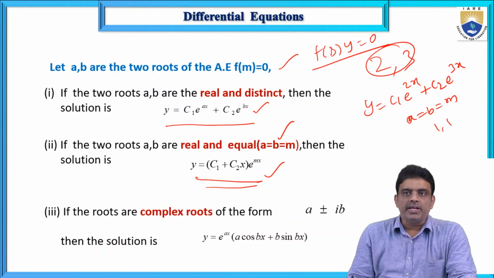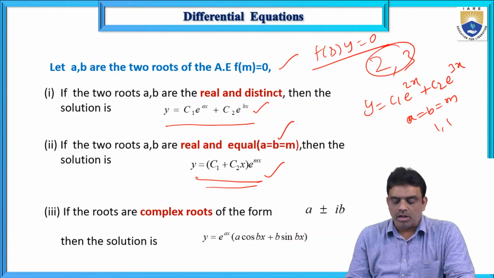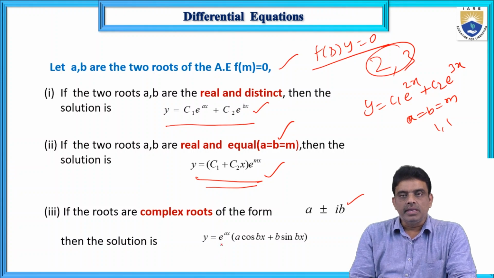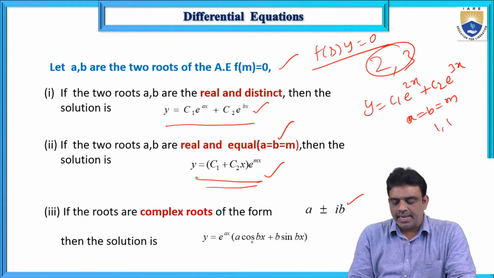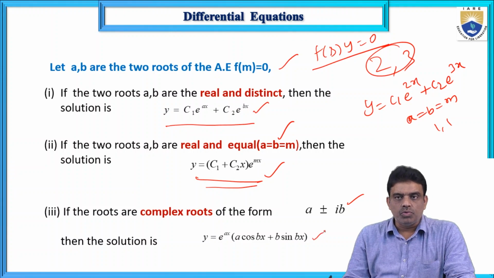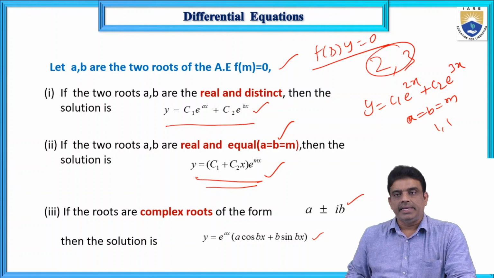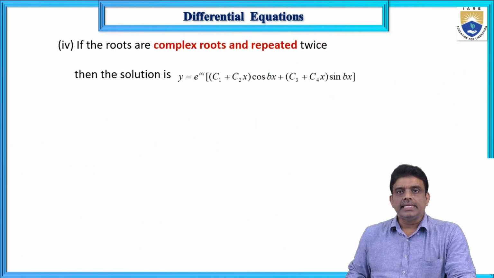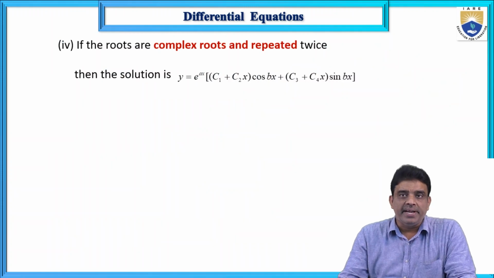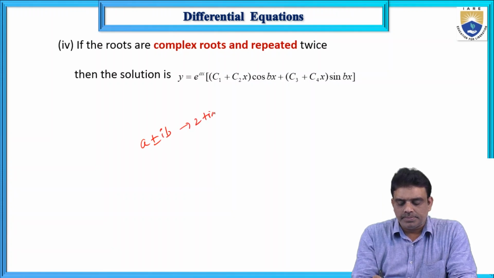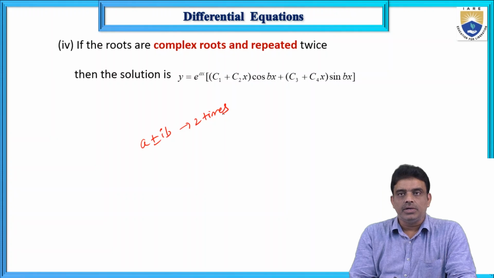Case 3: when the roots are complex, of the form a ± ib, then the solution will be of the form e^(ax)(A cos bx + B sin bx). This is the standard form for complex roots a ± ib. The next case is when the roots are complex and repeated. Suppose the roots are a ± ib and are repeated 2 times.